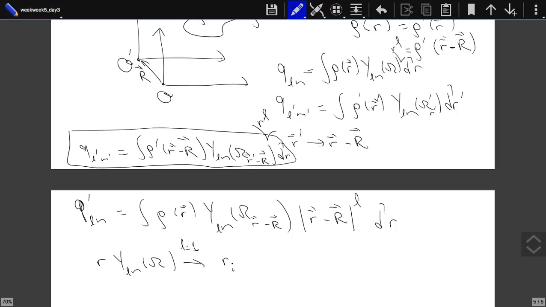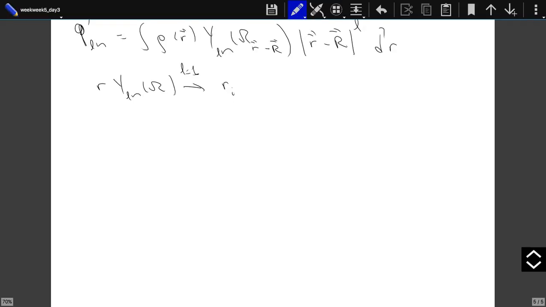We know the addition theorem for spherical harmonics, so that will allow me to write this Y_LM of R minus R in terms of Y_LM of R. And this absolute value to the power L, well, we have to do it case by case. What was the addition theorem?